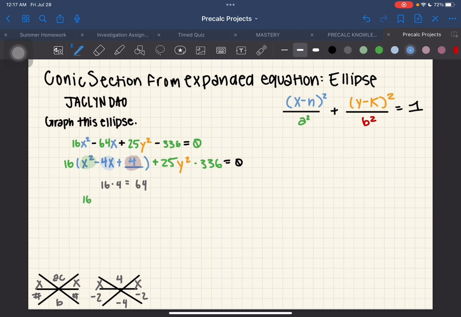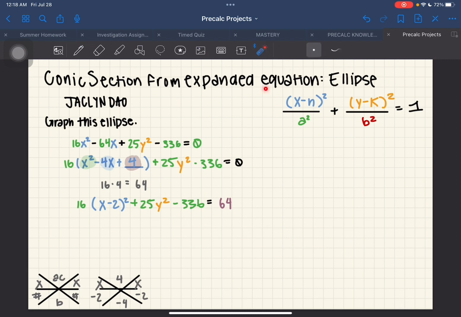We've completed the square, and it equals 16 times (x minus 2) squared, plus 25y squared minus 336, equals not 0 but 64.